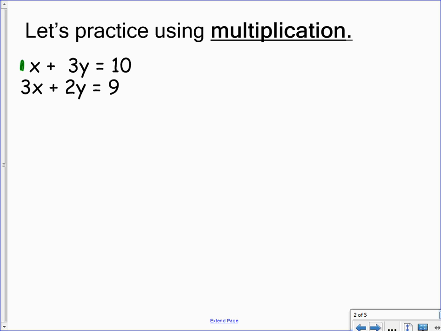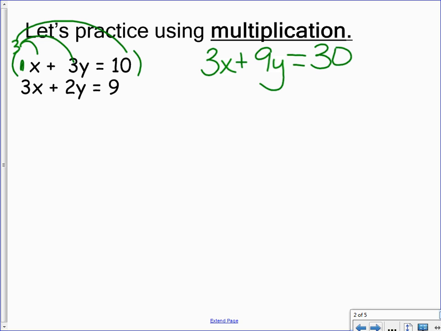Now, I need to multiply the entire equation by 3 because I want to make an equivalent equation. So then I'm going to have 3 times 1. I'm going to distribute. So 3x plus 3 times 3, which is 9y, equals 3 times 10, which is 30.